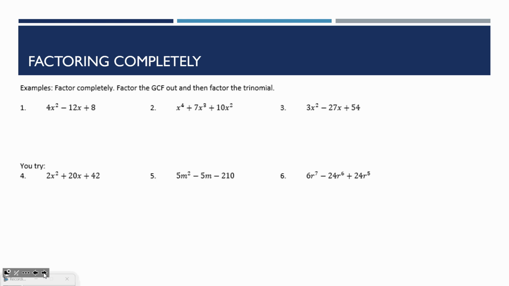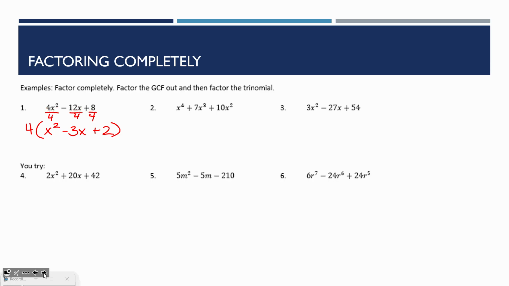Starting with number 1, we're going to identify the greatest common factor first. My greatest common factor in number 1 is a 4. So I'm going to factor out that greatest common factor, making sure that I put the 4 out in front of the parentheses, and then I'm dividing each term by 4.